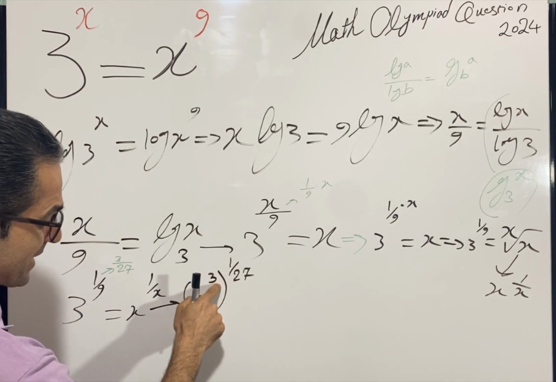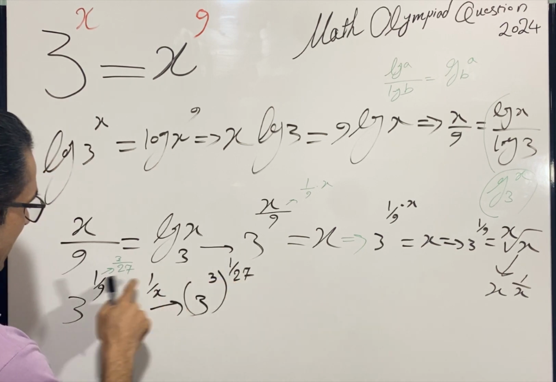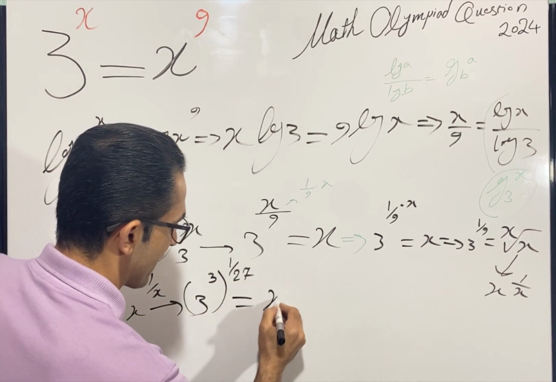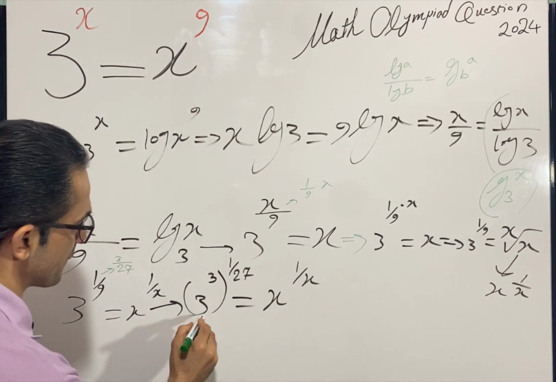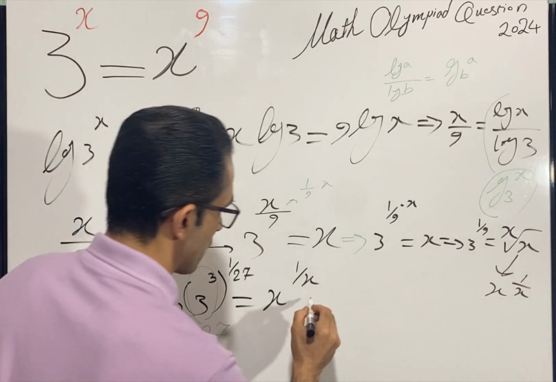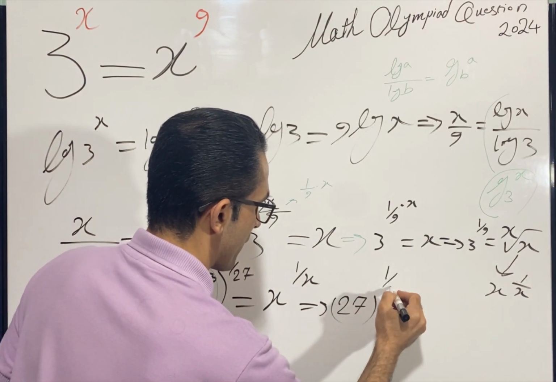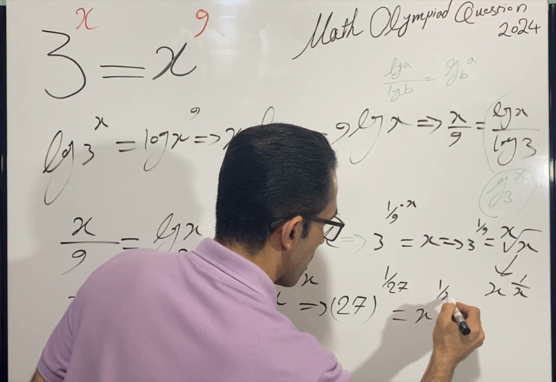Okay, I can write this expression like this: 3 times 1 over 27 is 1 over 9, equals x to the power of 1 over x. 3 to the power of 3 is 27. So it is 27 to the power of 1 over 27 equals x to the power of 1 over x.